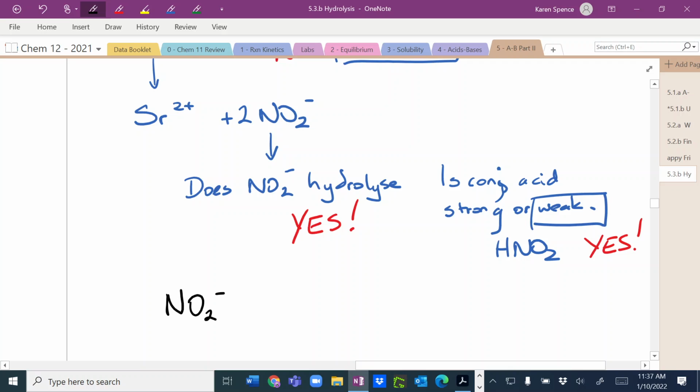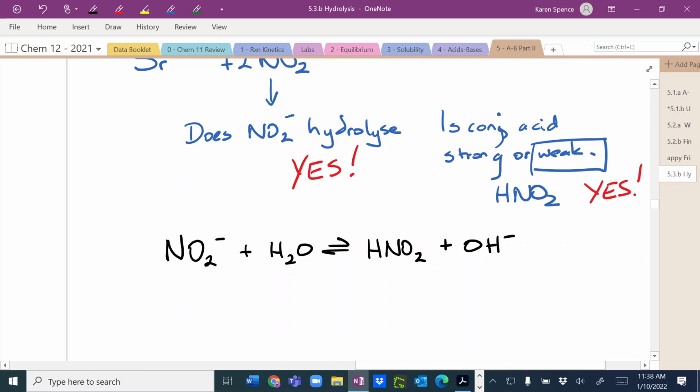NO2 minus. What do we have to react NO2 minus with to write the hydrolysis equation? We have to put it with H2O. And NO2 has to accept a proton, leaving behind an OH minus.